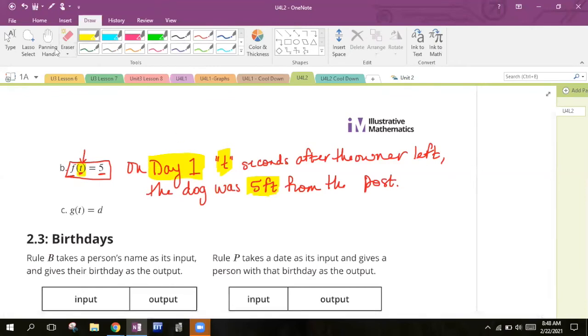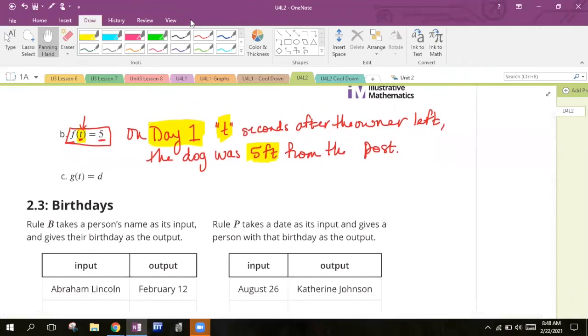The last one is all letters, but we're not going to let that confuse us. What day am I talking about? Day 2. So on day 2, how many seconds after the owner left? T. Once again, they didn't tell us.